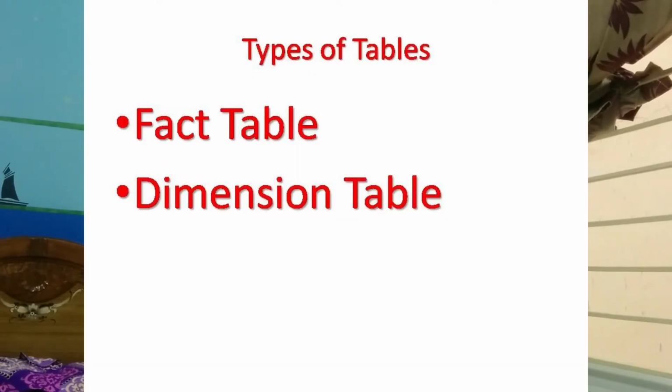Coming to the main important part, there are two types of tables, as I mentioned earlier. One is the fact table, the other is the dimension table. I repeat again: one is the fact table, another is the dimension table. What is a fact table?